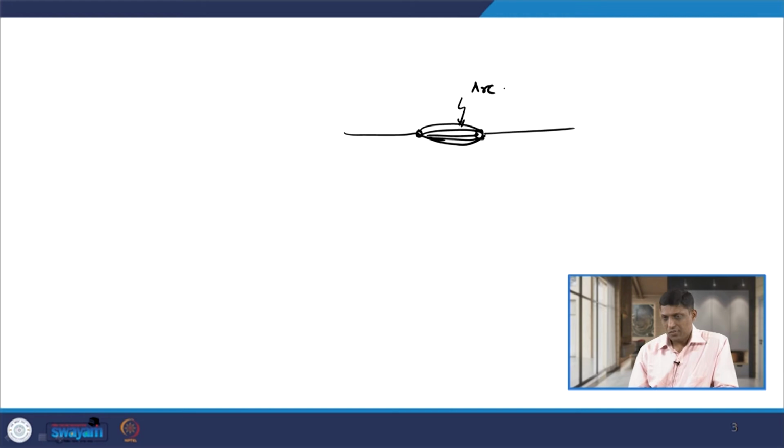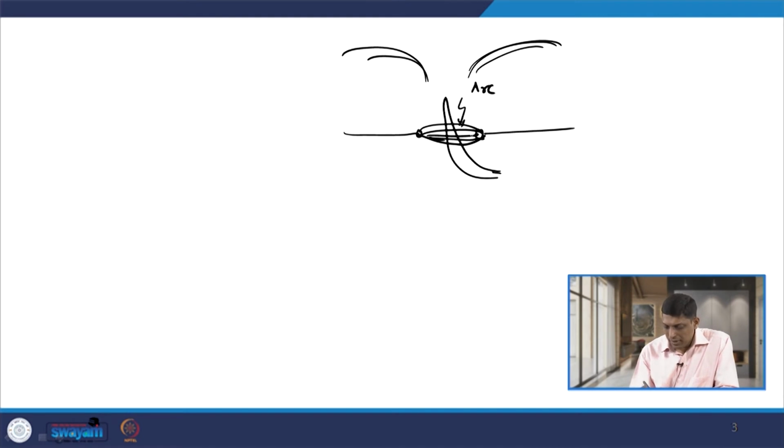What you do is arrange some mechanism, like a horn shape, so that the arc is forced and becomes like this. So, it is lengthening of the arc.